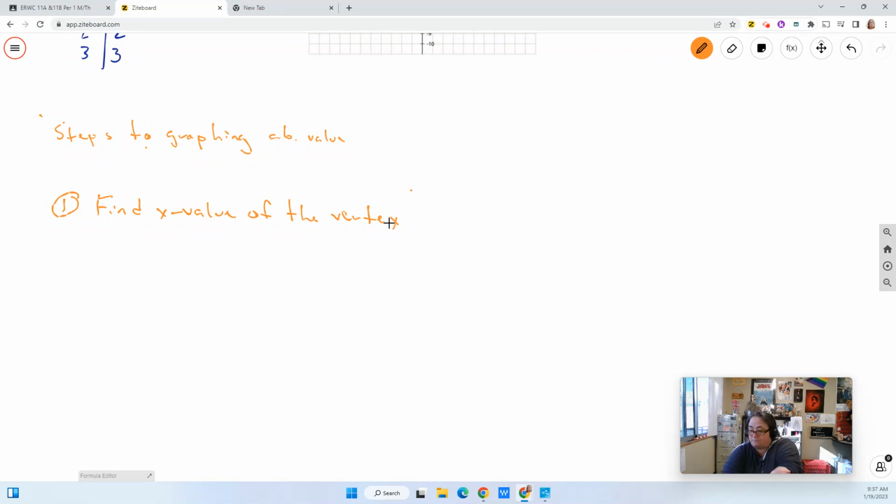And then I'll show you how to do that. I'm not going to write down how to do it. We're going to take that x value and we're going to put the value in the middle row of your table.